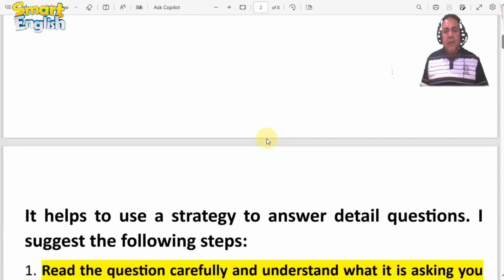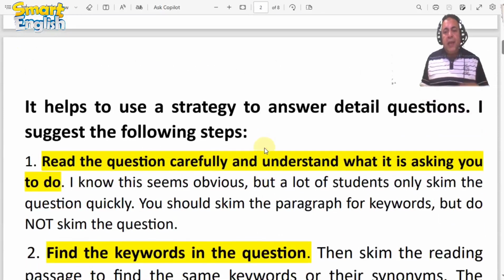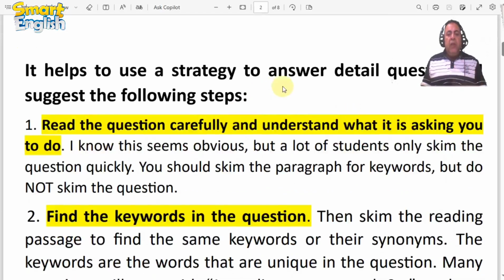So let's get started to know exactly how we can use the strategies that lead to the right answer. It helps to use a strategy to answer the detailed question. I suggest the following steps, okay? Number 1. Read the question carefully and understand what it is asking you to do. This point is very essential and crucial.